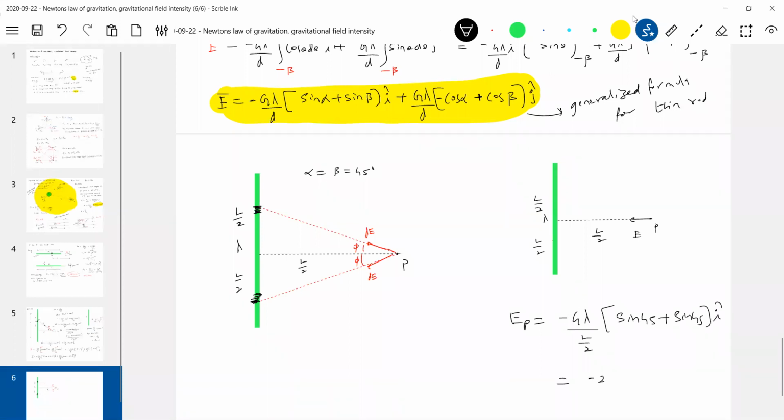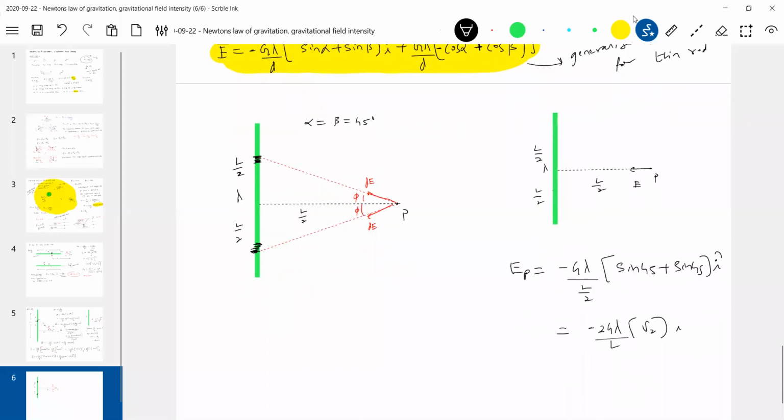So minus 2g lambda L, 1 by root 2 plus 1 by root 2 will be root 2. What is the direction? I cap. So this will be minus 2 root 2 g lambda L I cap.